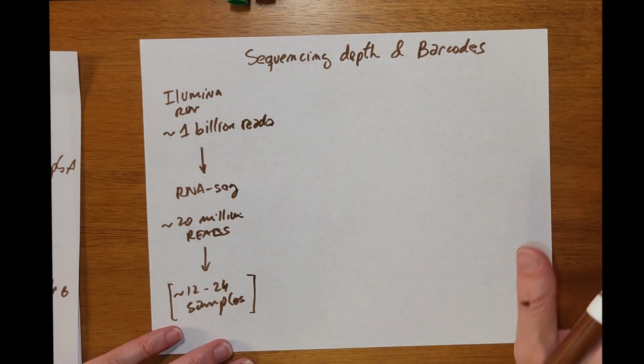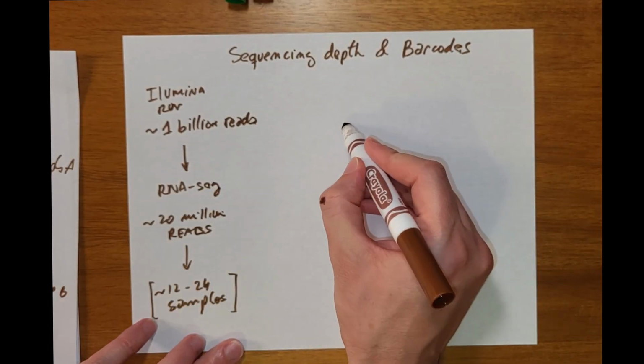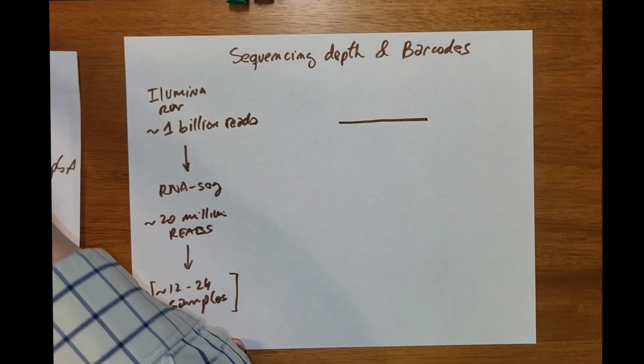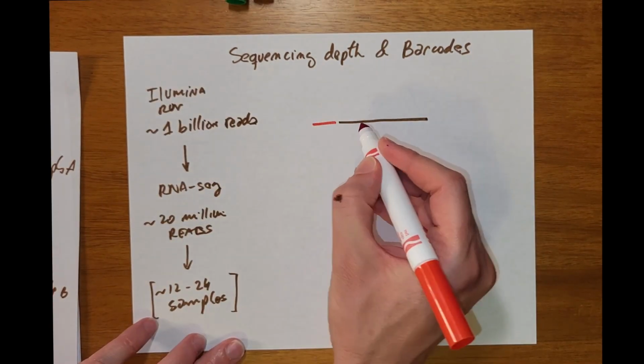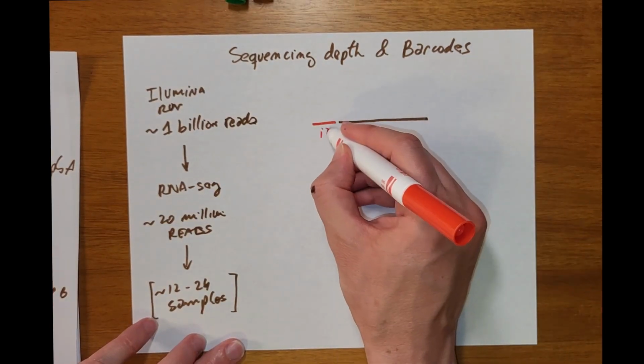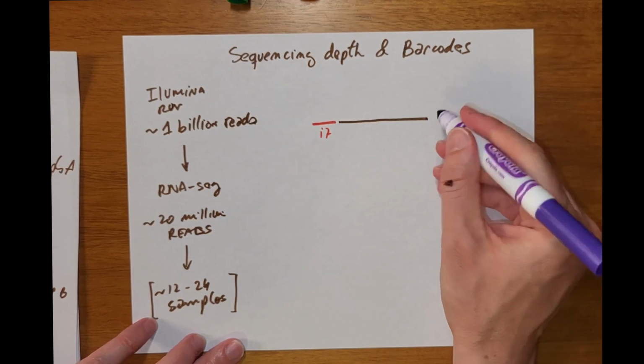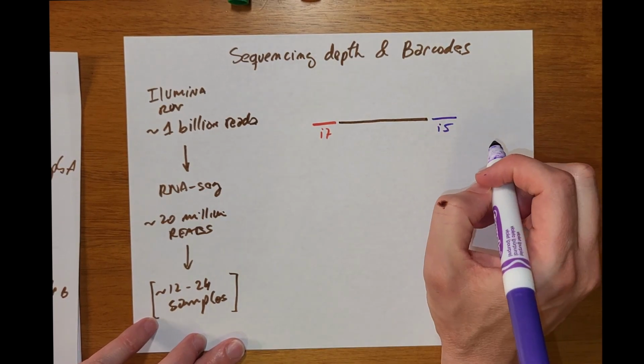Now I want to explain a little bit where these barcodes are typically incorporated, because they are put in a weird place. It is not what one normally expects, but this is very Illumina dependent. For example, if we have our sample here, with our I5 or I7 primer here, and our I5 primer here.